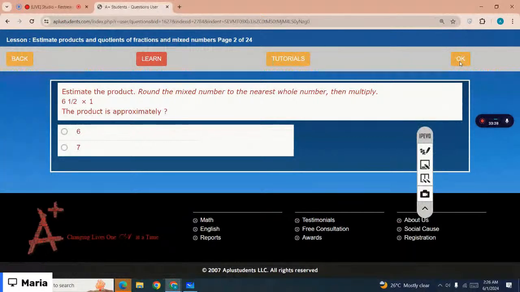So 6 whole 1 by 2, that is 1 by 2, is exactly equal to half. So you can round off 6 whole 1 by 2 to 7, and 7 times 1 is 7. Option number 2 is the correct option.